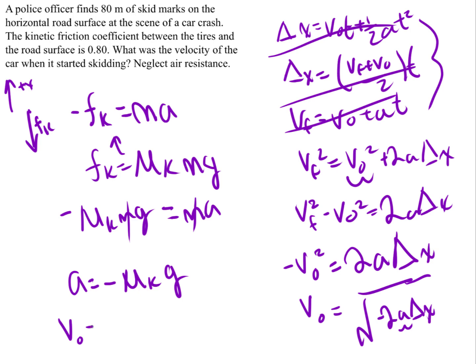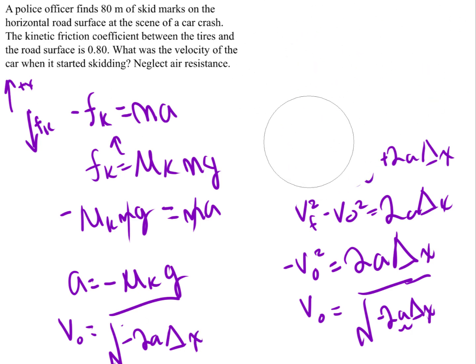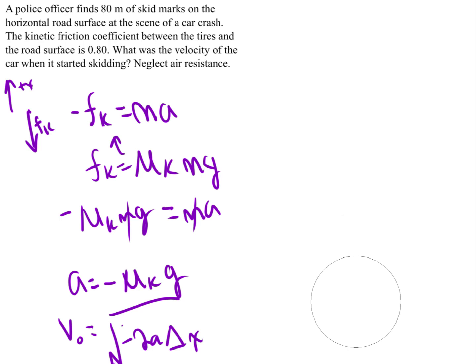So I'm going to make more space over here. I'm also going to write down the formula we calculated for the initial velocity earlier, and I'm going to erase everything else over here. So from earlier, we know that the initial velocity is the square root of the negative of 2 times the acceleration times the displacement. So now we just need to plug everything in.